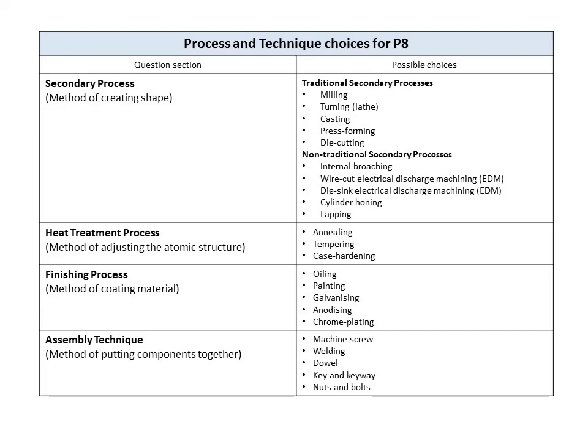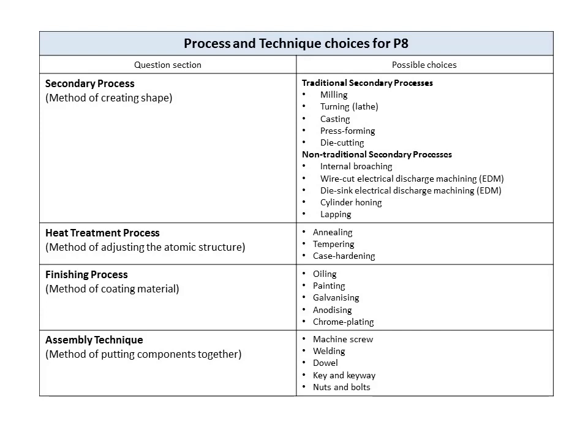Heat treatment processes, we've got 3 to choose from: annealing, tempering or case hardening. Think carefully about those relating to the needs of the product. For finishes, I'm giving you a simple oil for a finish which can be coated onto metal products, painting, a simple process as well, but then on to galvanizing, anodizing and chrome plating.